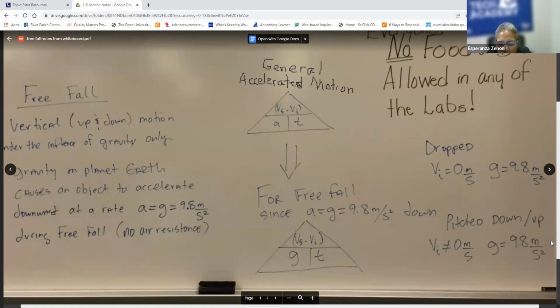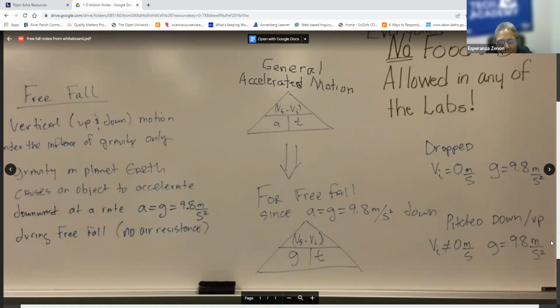Okay. Now, when an object is free falling, we have a couple of different scenarios that it could be dealing with. I could drop an object, and that's definitely free fall. I drop it, it's free falling because of gravity only. Remember, we're not dealing with situations with air resistance. So if I drop it, it's free falling once it leaves my hand.